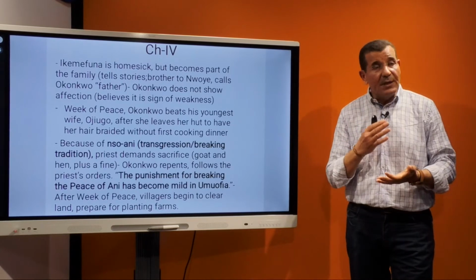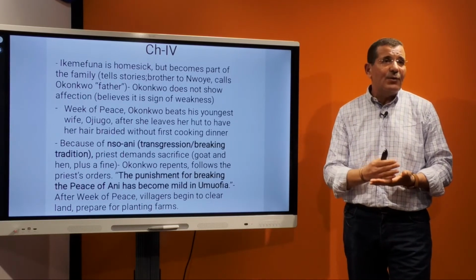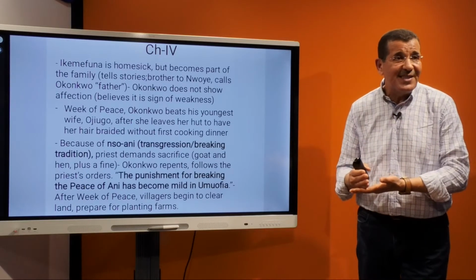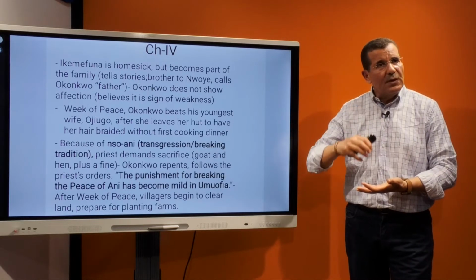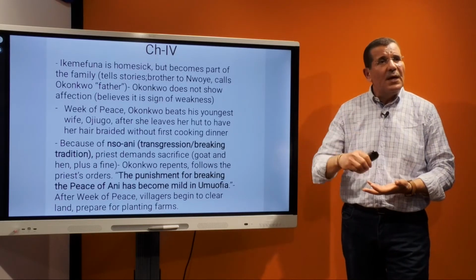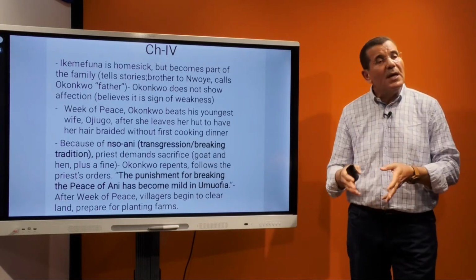And in the week of peace, where nothing should happen, ironically, Okonkwo is going to beat his youngest wife. Again, Okonkwo means the patriarchal, authoritative man. He has the authority over his children and his wives, polygamy, and he beat her.